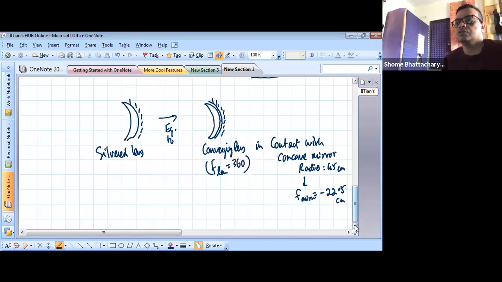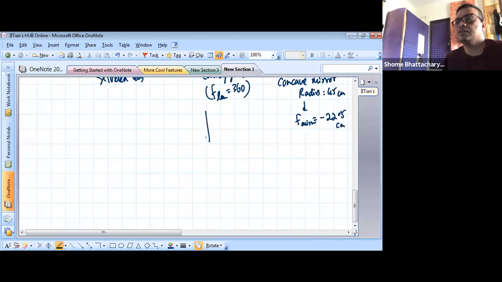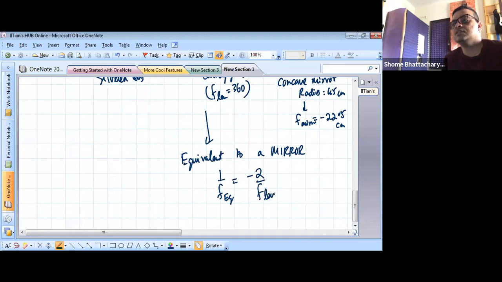Right. So that thing now becomes equivalent to a mirror with 1/f equal to minus 2 upon focal length of the lens plus 1 upon focal length of this mirror.